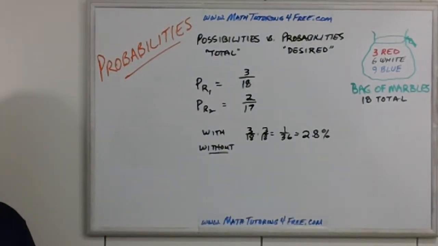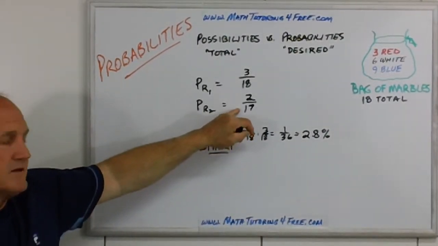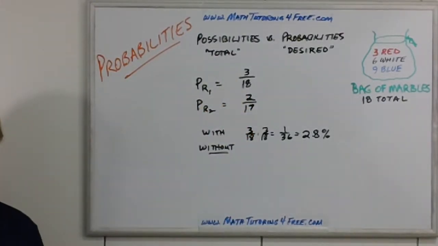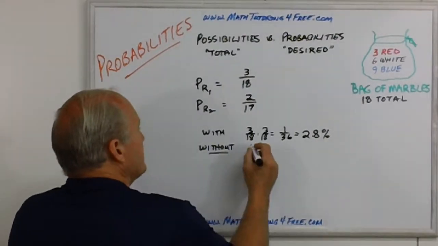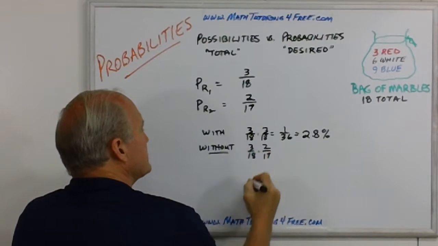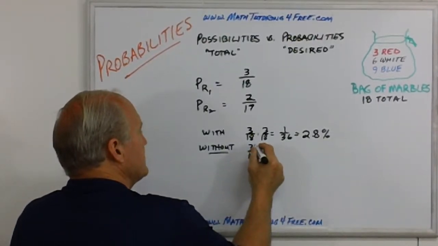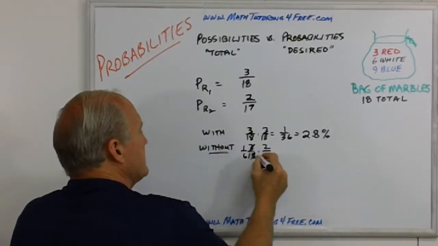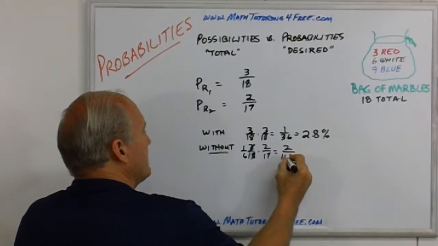Now, without replacement, do you think it's going to be higher or lower? Well, the key here is, is 2/17 greater than 3/18 or less than 3/18? Let's see, we'd have 3/18 for the first one times 2/17 for the second one. Again, this is 1/6. We've got then 2 over 102.